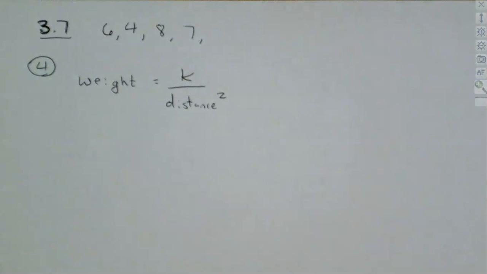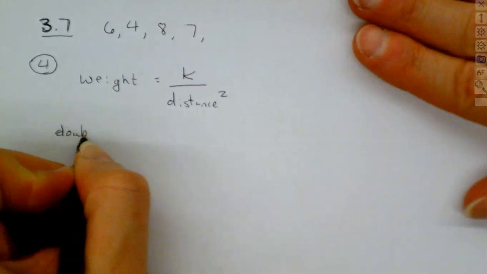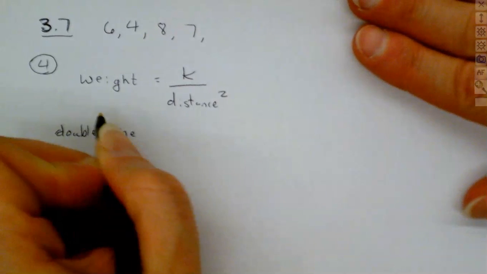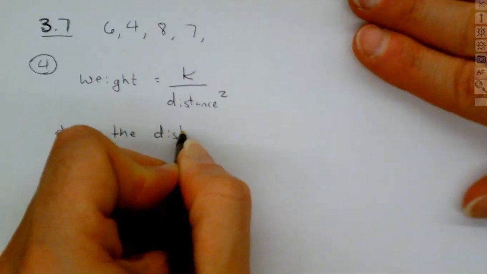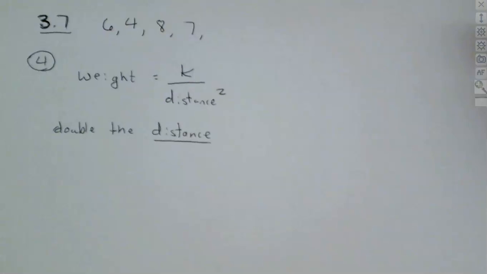Now, we want to find out what happens when we double our distance. So let's plug some numbers in so we can see what's happening here. I'm just going to plug in a value for the distance.